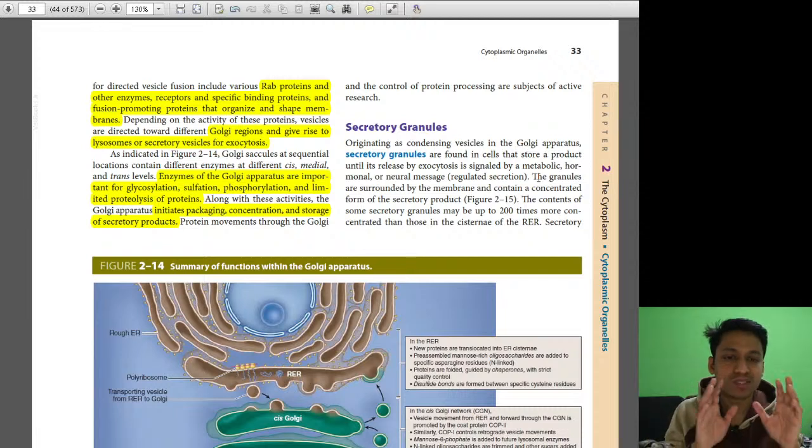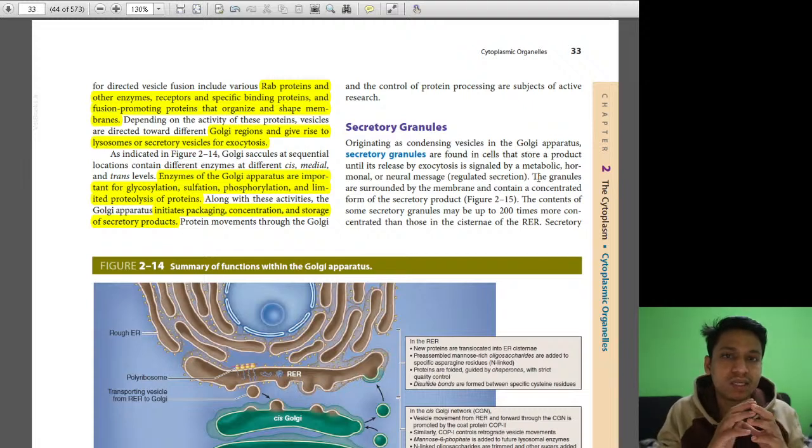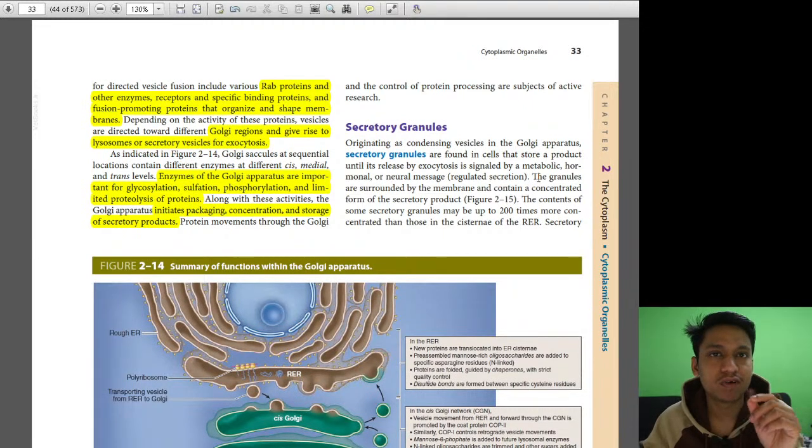So a secretory vesicle is basically a form of storage of any particular product. This can be protein, and it is stored until it receives a signal for its requirement. So basically these are storage granules.